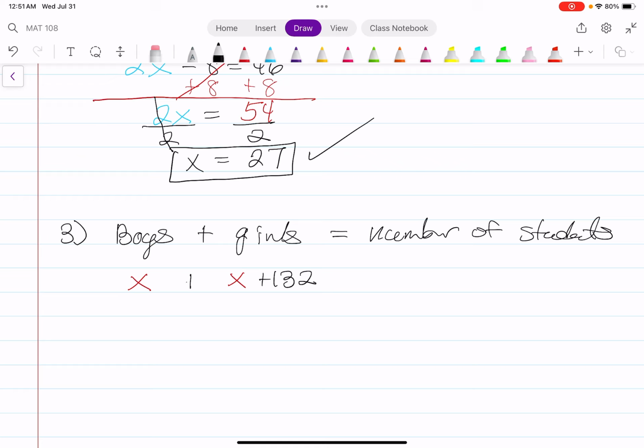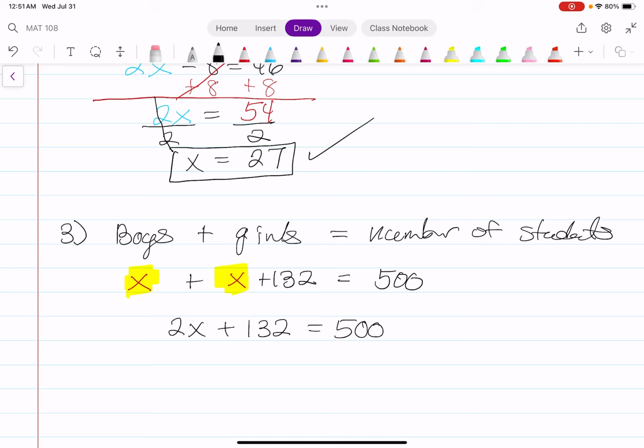Remember, we're adding between. And this will equal the number of students that are graduating, which is 500. We can combine our like terms. X plus X is 2X plus 132 equals 500.